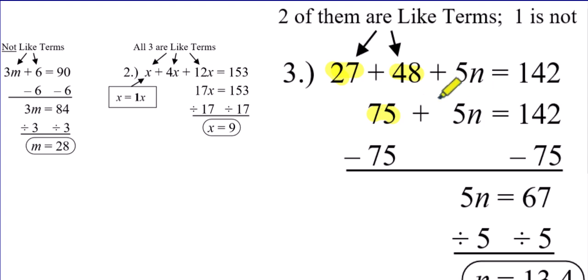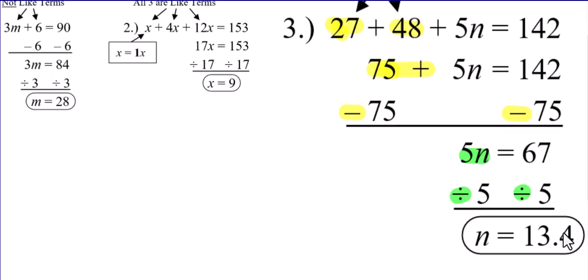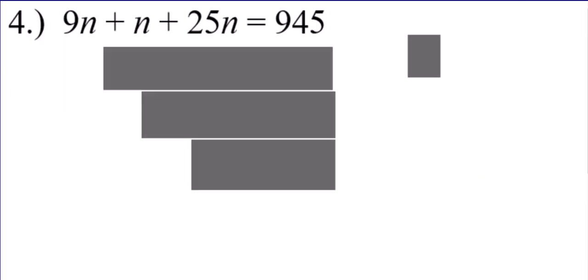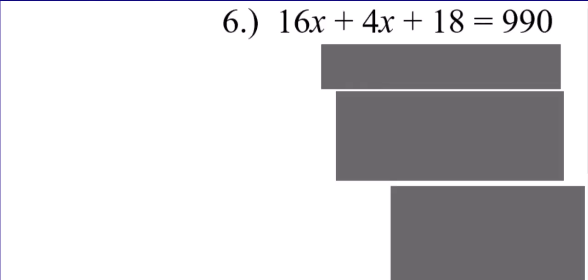So what do? We finish this problem the same way we basically solved problem number 1, where we do the inverse of adding, which is subtracting, and then later the inverse of multiplication is dividing, and that will give us the answer for n.